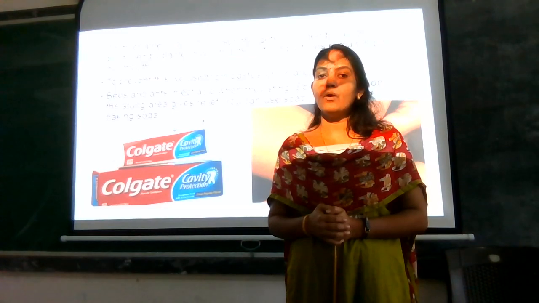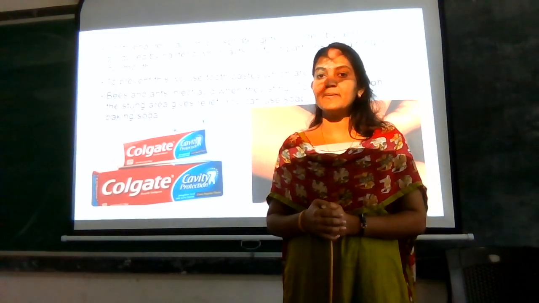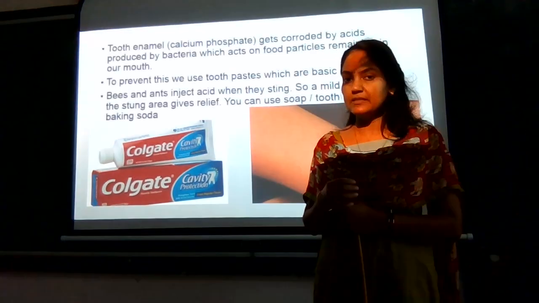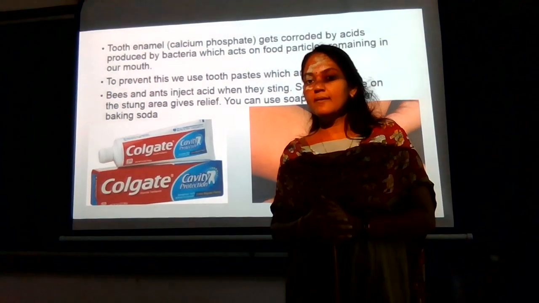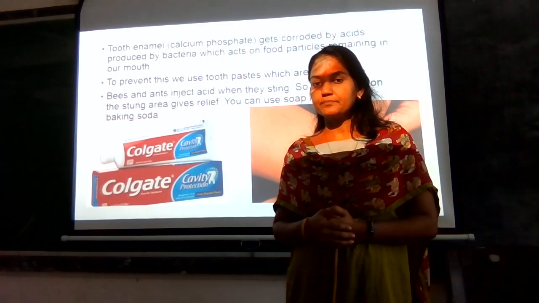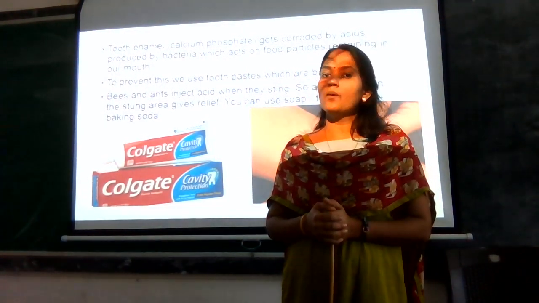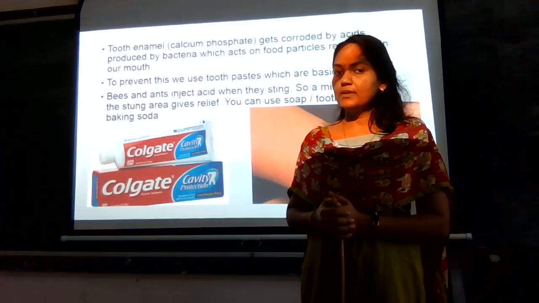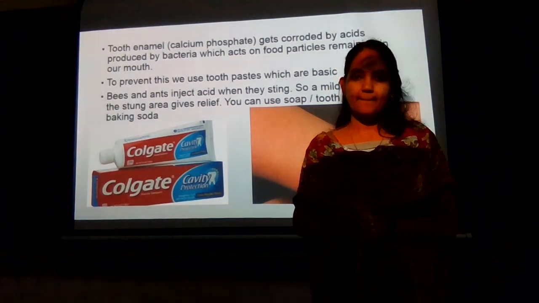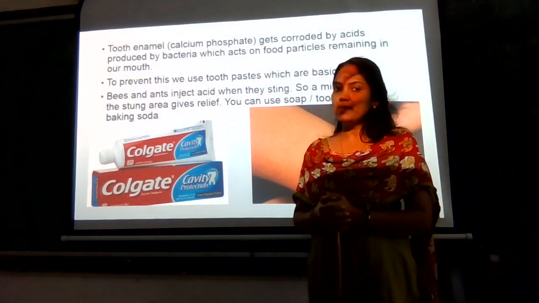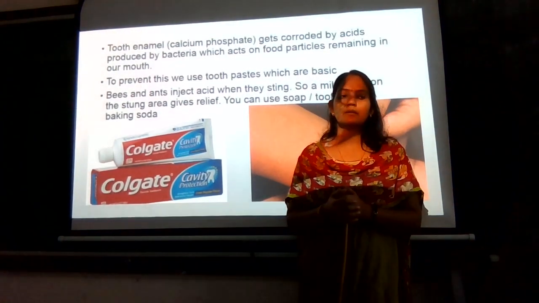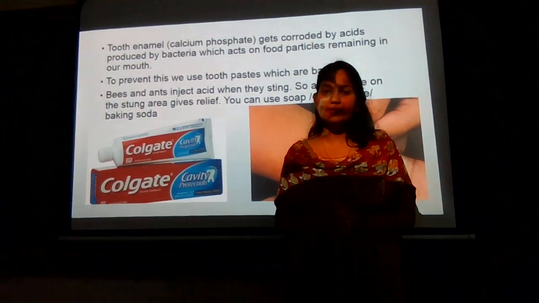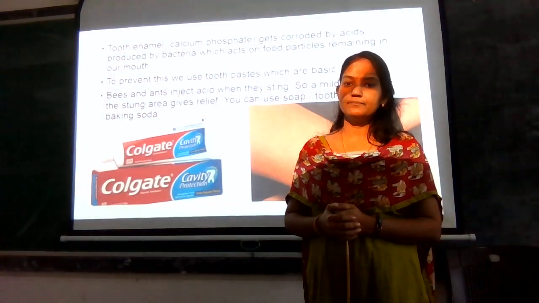Bacteria present in our mouth act on the food particles between the teeth and produce acids. When the pH of our mouth is less than 5.5, the tooth enamel gets corroded. So in order to prevent this, we have to make use of basic toothpaste.